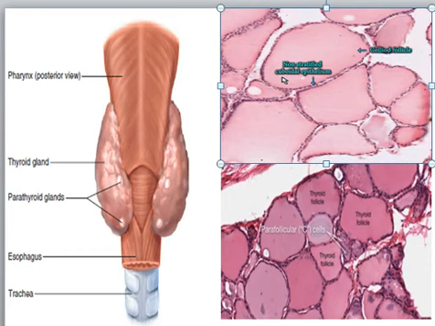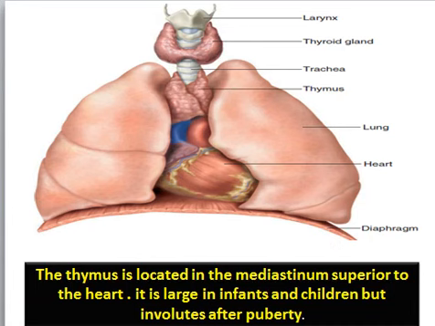Now, this is the thymus. You see here, it is located in the mediastinum over the heart. This is the heart, and this is the mediastinum. The thymus gland is located in the mediastinum, superior to the heart, and it is large in infants because it is the main immunological organ at the infant stage and early childhood, but it becomes smaller after puberty.